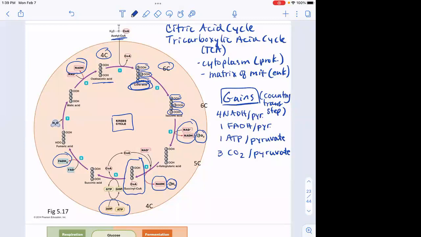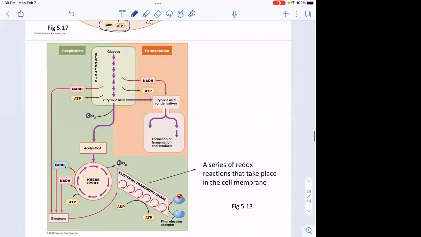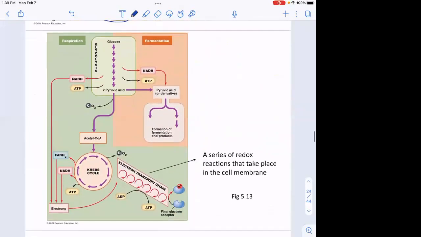Okay, so if we go back, oh yeah, I guess I did post this again. Go back to our overview of respiration. So we're now ready to think about these electrons that are coming off of glycolysis. Where are they going? They are going to an electron transport chain.